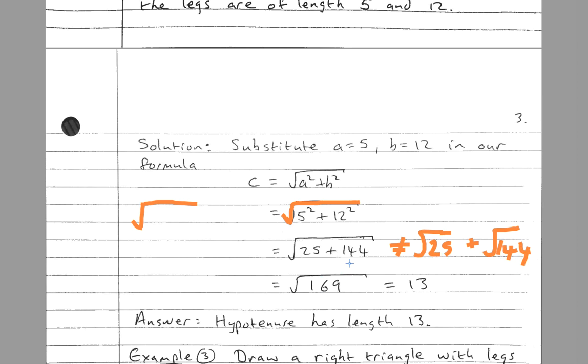You have to add these two numbers first. So it's the square root of 169. What number squared gives you 169? That's 13. 13 times 13 is 169. So the answer is not 17, it's 13.